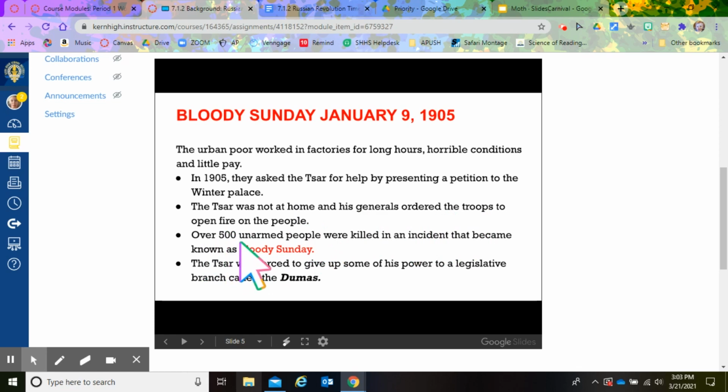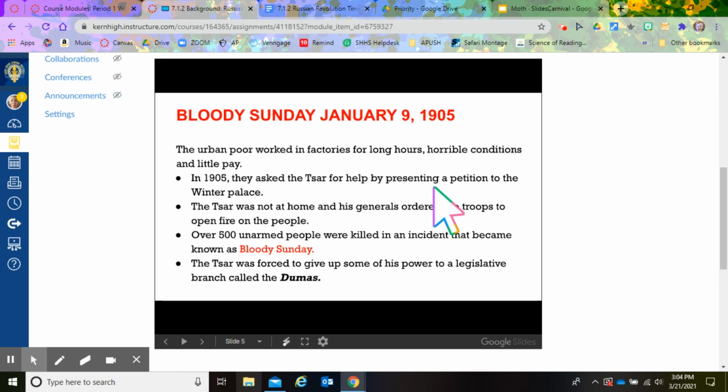Over 500 unarmed people were killed in an incident that became known as Bloody Sunday. The Tsar was forced to give up some of his powers to a legislative branch called the Dumas. Now, what this is saying is that they picketed and they petitioned.